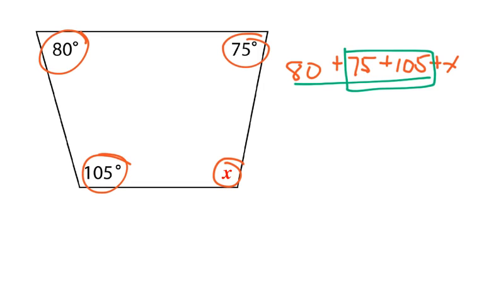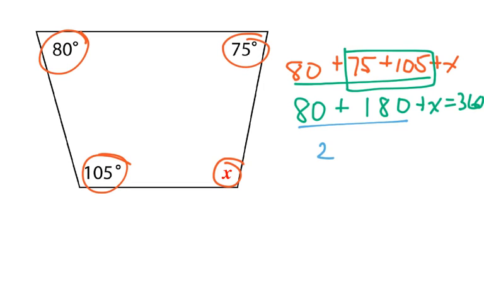I see that 75 and 105 would make 180. We still have the 80 up front, so 80 plus 180 plus x, and again, that should equal 360. We still have some like terms, so we'll simplify again. And 80 plus 180 appears that it would be 260 degrees plus x.